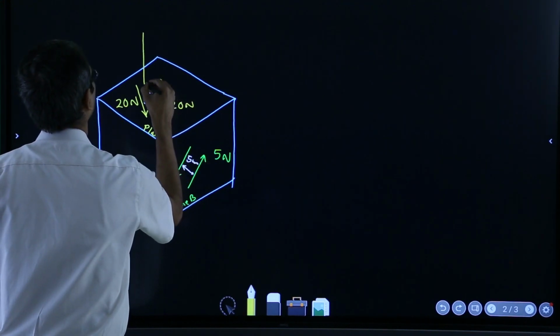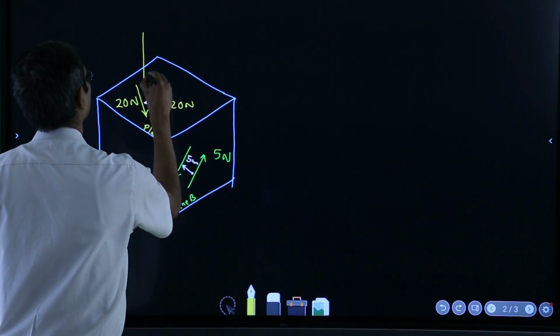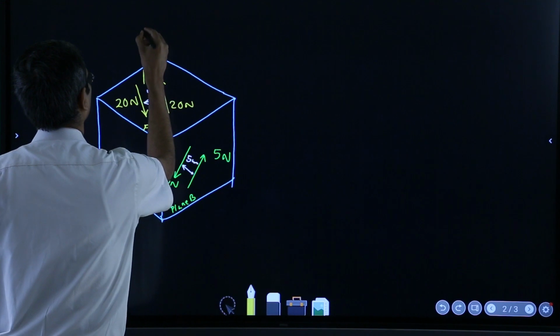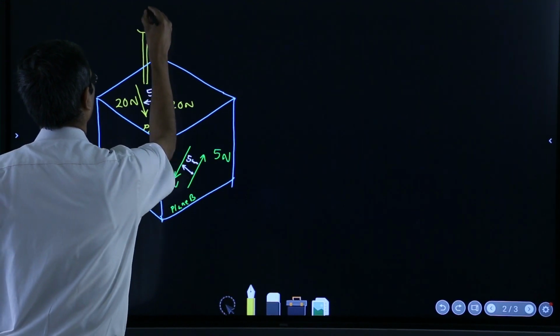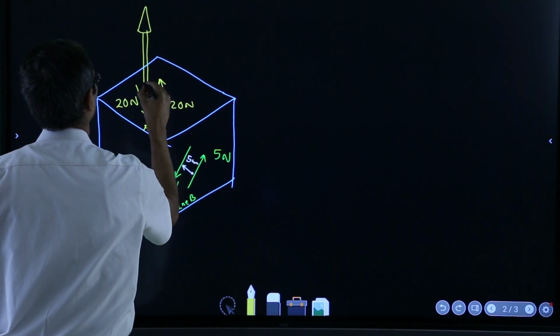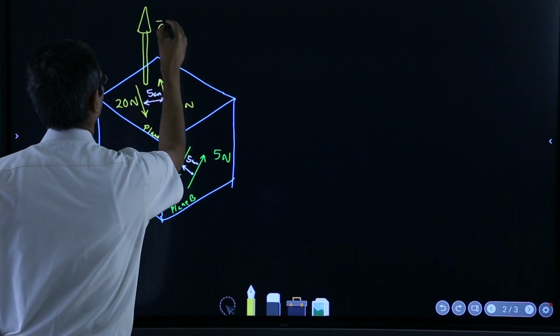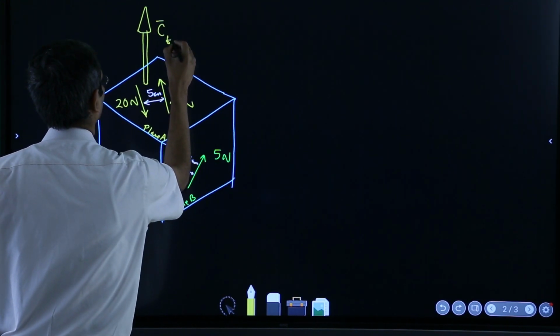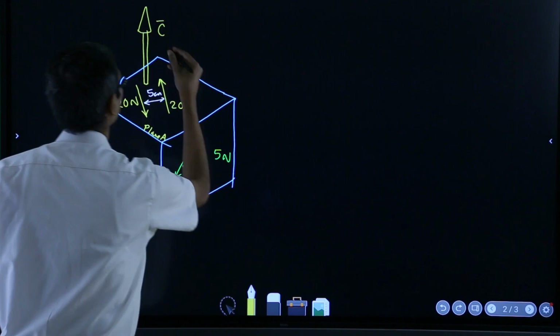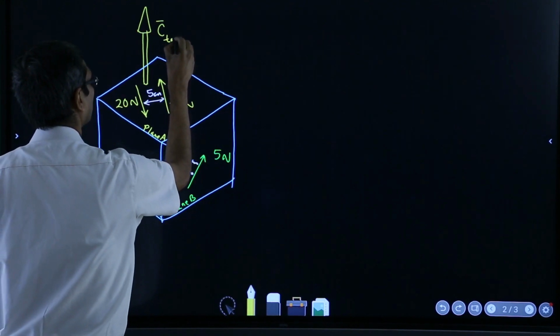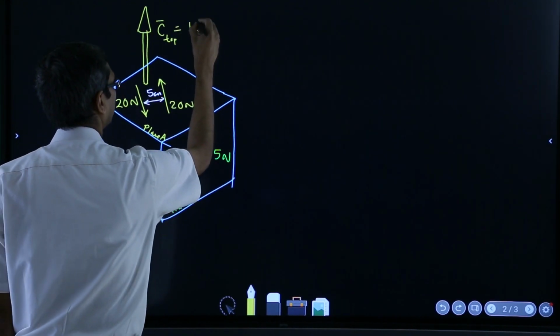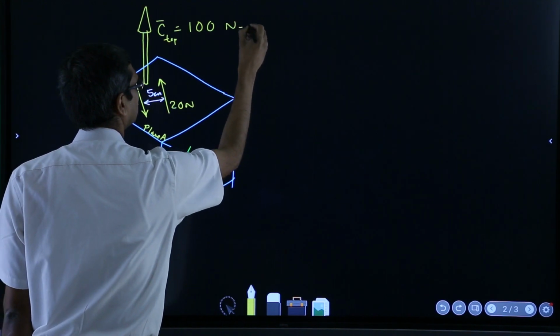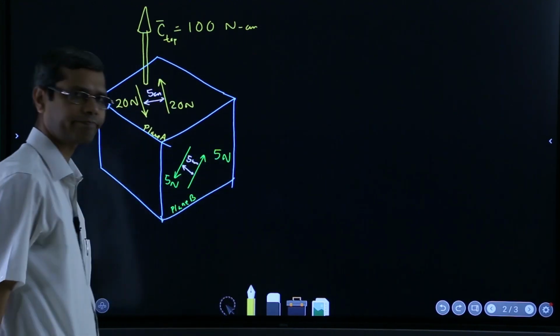Yeah, this will be in this direction, right? Like that. So this C1 or C top is equal to 100 newton centimeter.